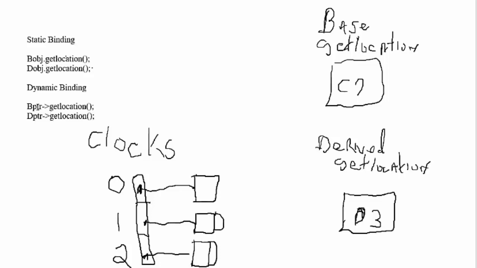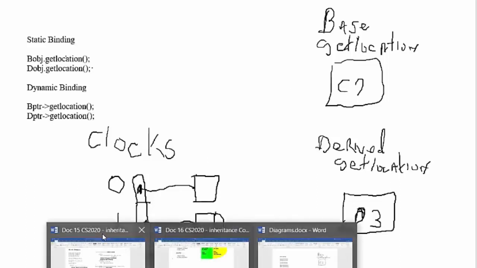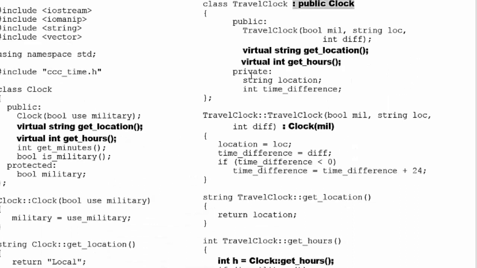I would simply jump to the base class function right here and the derived class function right here. But as soon as I introduce a virtual function, I'm telling the compiler, don't figure out which function I should call yet. Let that be a virtual call that will happen dynamically during the execution of the program.